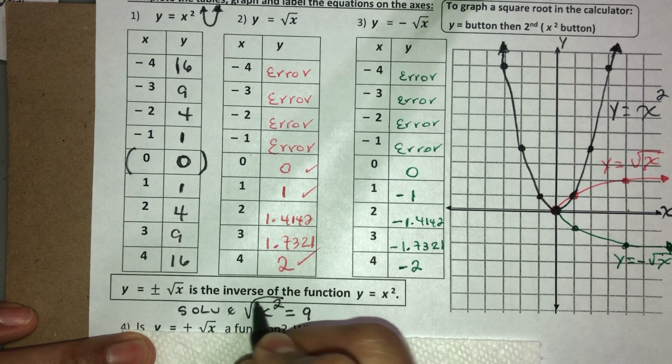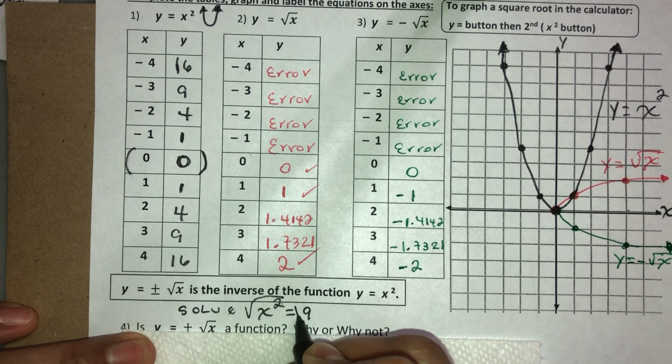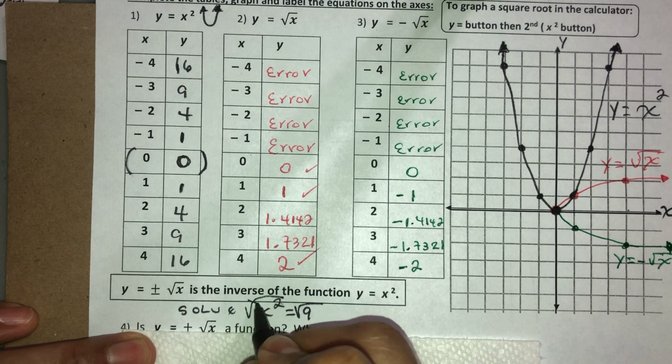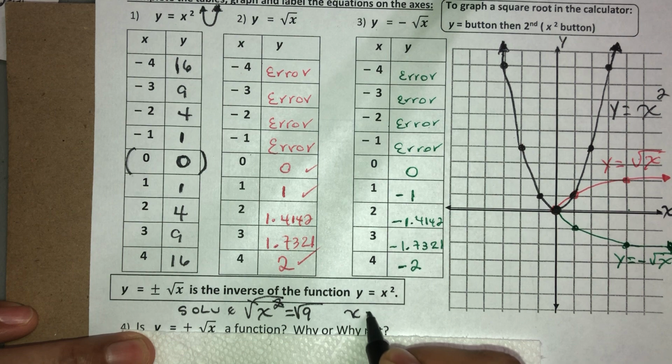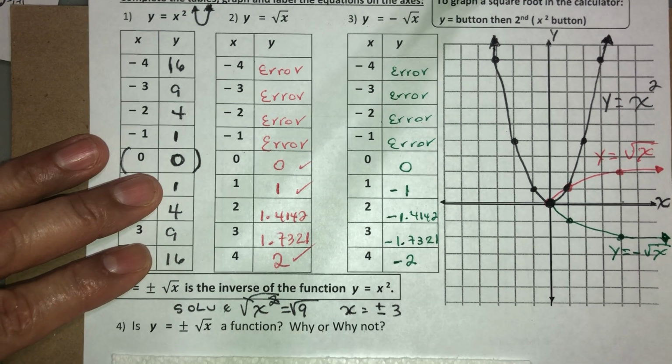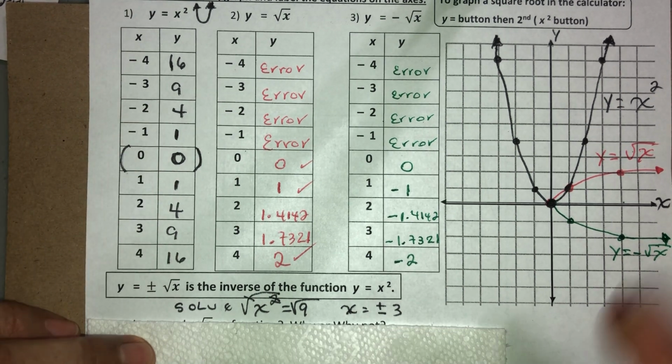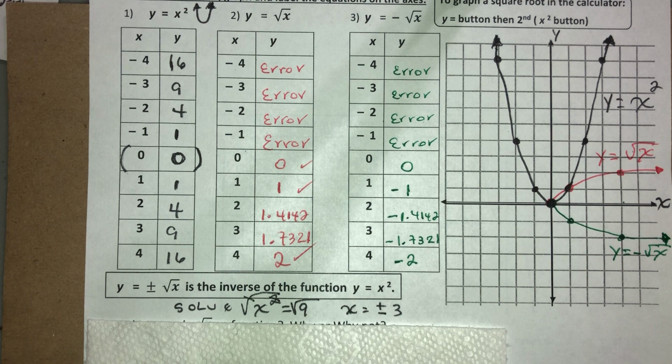Because the radical is the inverse of the square. And you do the same thing on the other side, right? So the exponent kills the radical. Now you have x equals plus minus radical 9. That's where the two roots come from, right? It comes from finding the two roots of a perfect square number.